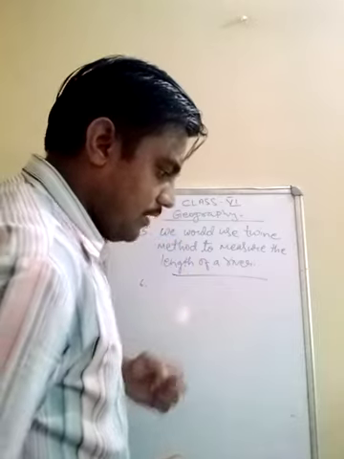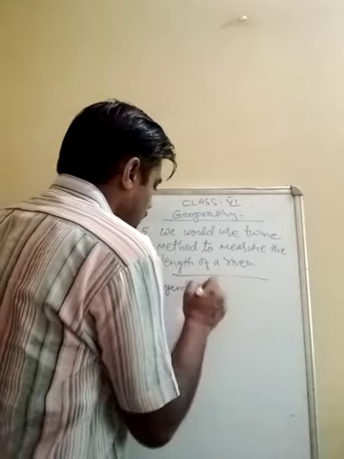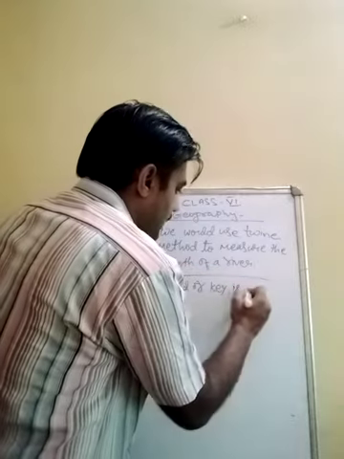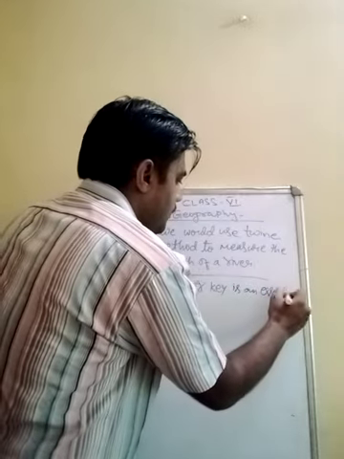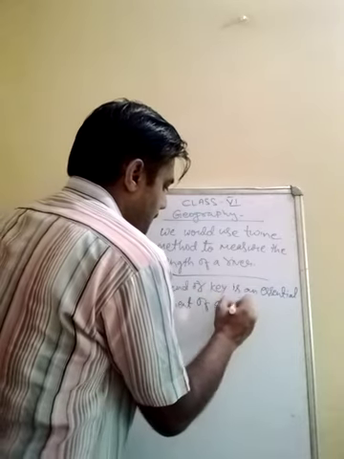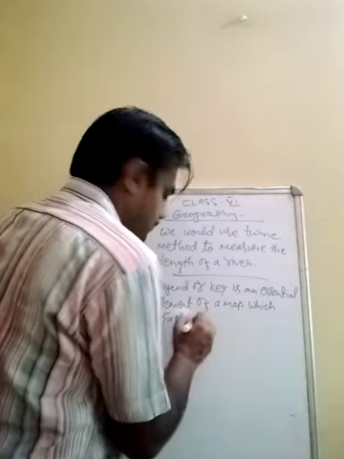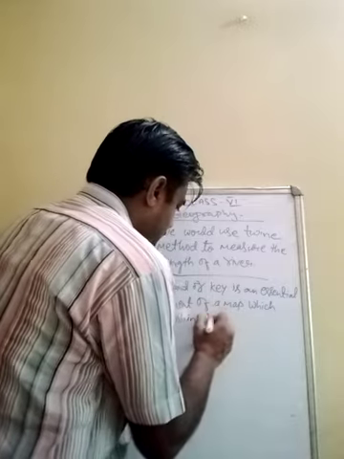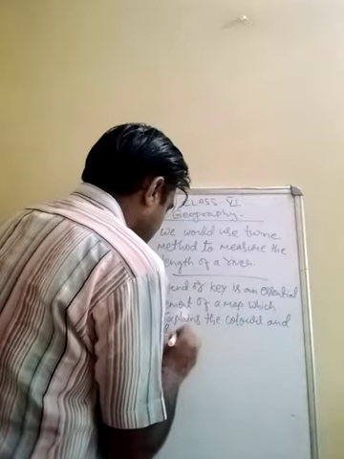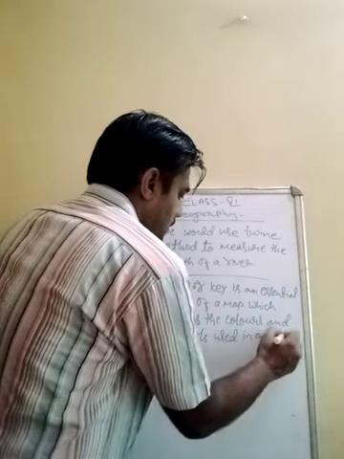Number 6, what is legend or key? Legend or key is an essential element of a map which explains the colors and symbols used in a map.